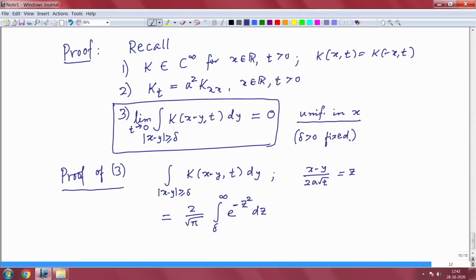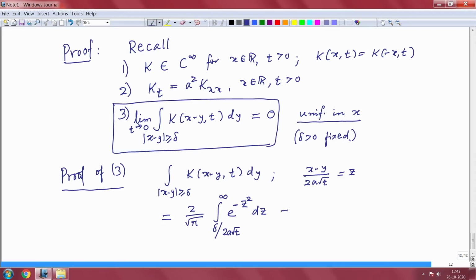Sorry, the lower limit becomes delta by 2a root t, because we are making this substitution. So, if |x minus y| is bigger than delta, then |z| is bigger than or equal to delta by 2a square root of t.